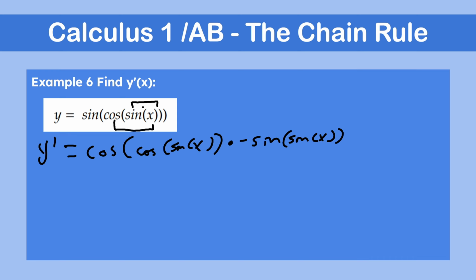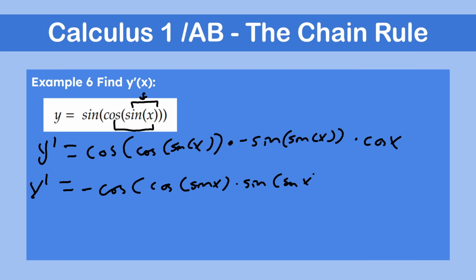And now we take the derivative of this inside, which is cosine x. So this will simplify to y prime is equal to negative sine of sine x times cosine x. And that will be your final answer.